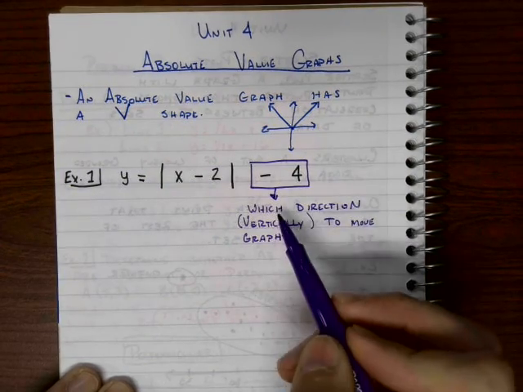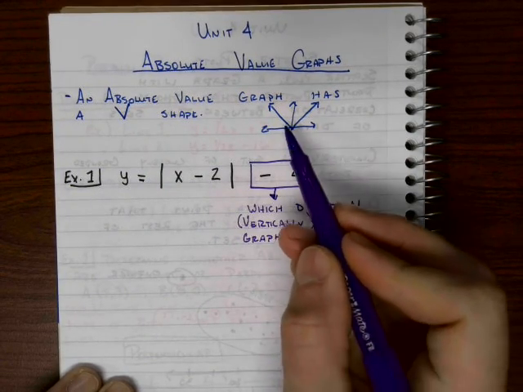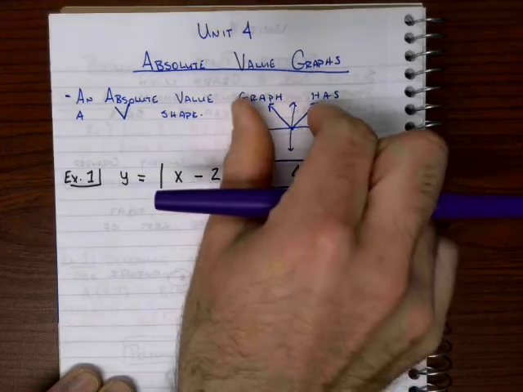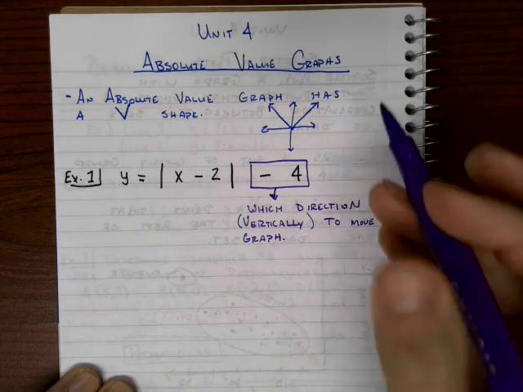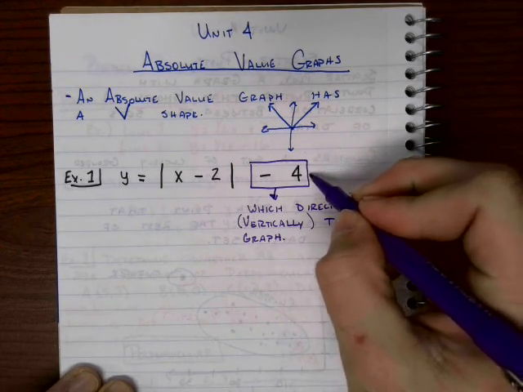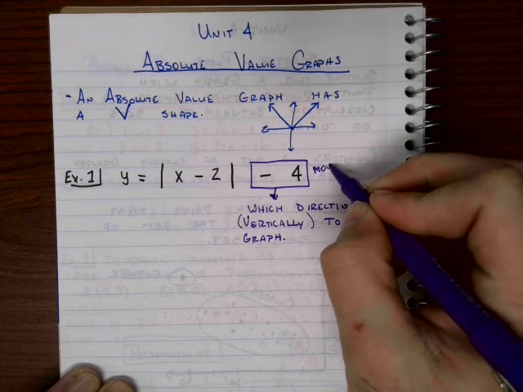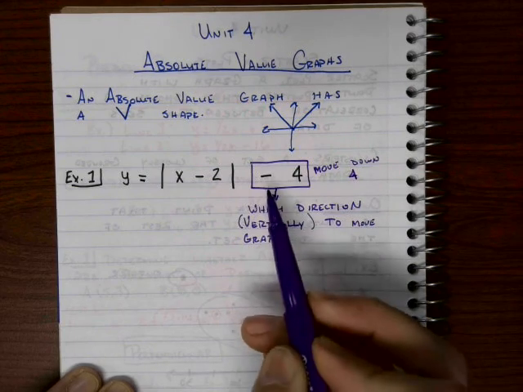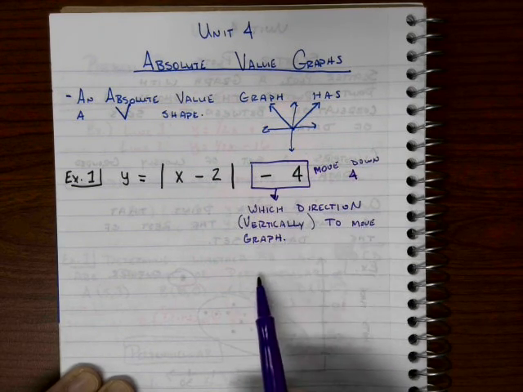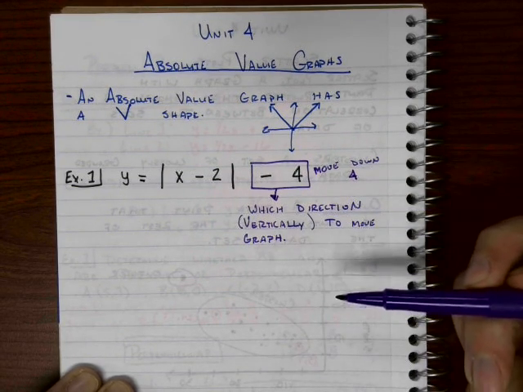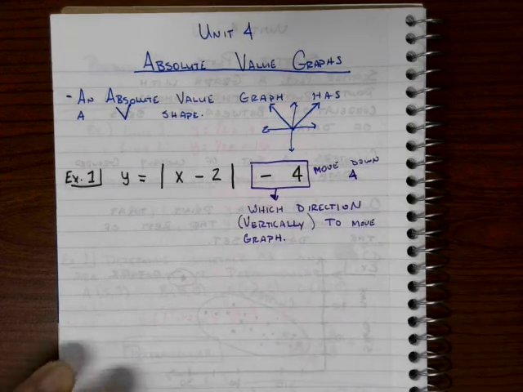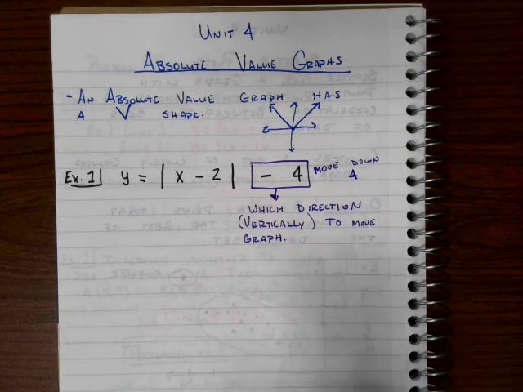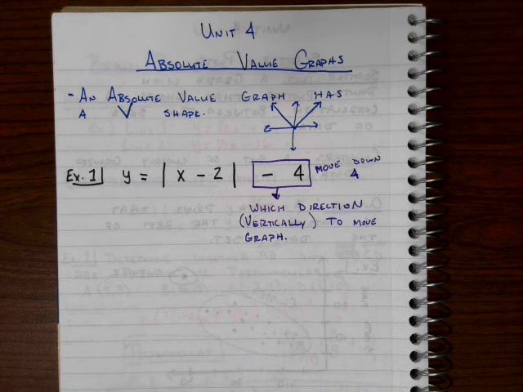So in this example, this tells me to move my whole graph down 4. The whole entire graph is going to shift down 4. Why is it down? Because it's minus. Minus tells us to go down. We're subtracting, we're moving down. So whatever number is here tells us to move vertically, up or down, and how many places we move it.